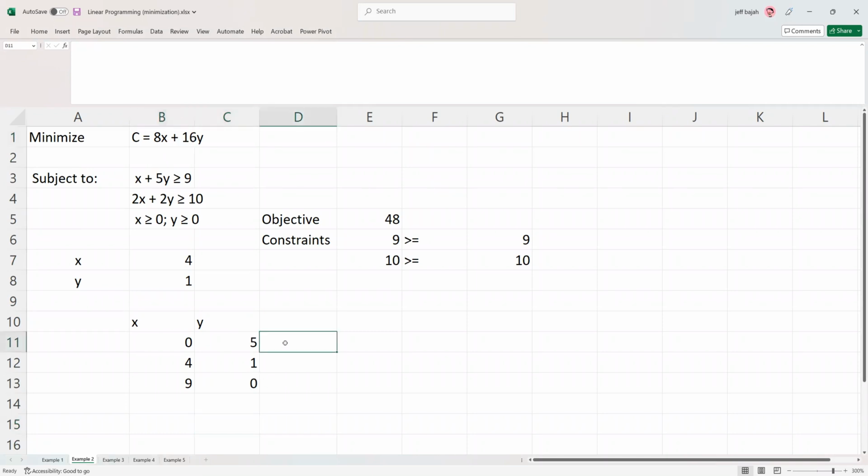So remember, this is going to be equal to 8 times 0 plus 16 times 5. We can see we've got 80. This second one, we don't need to do it because we've done it before. We know the answer was 48. Then we can do the third one, which is equal to 8 times 9 plus 16 times 0.